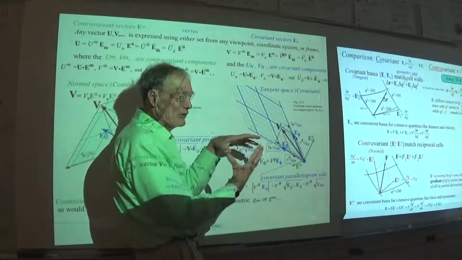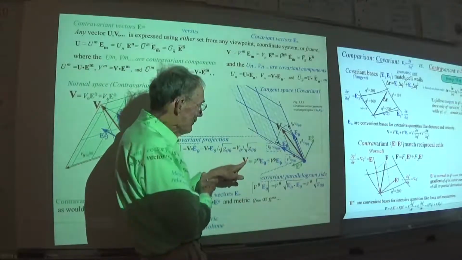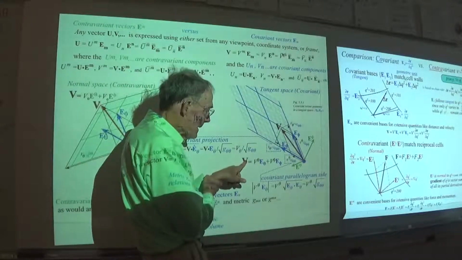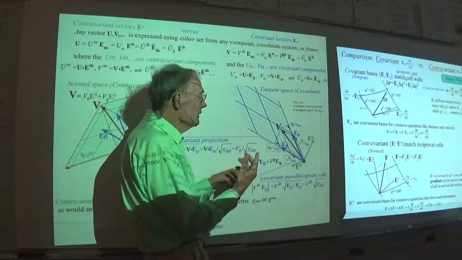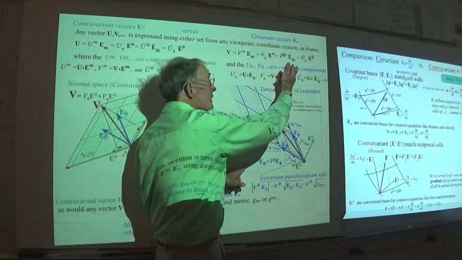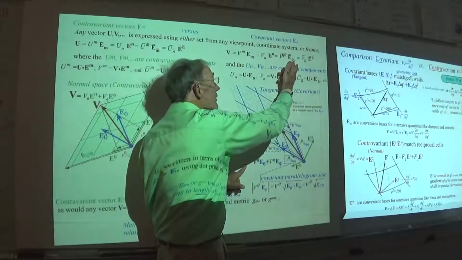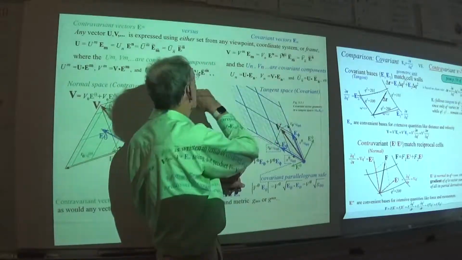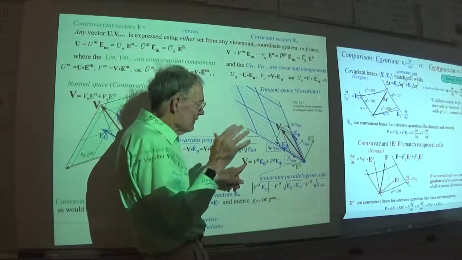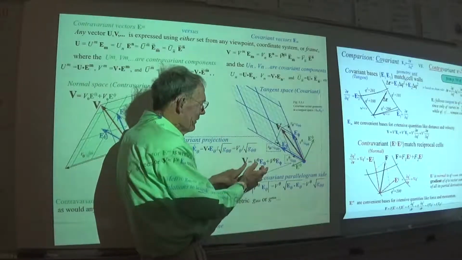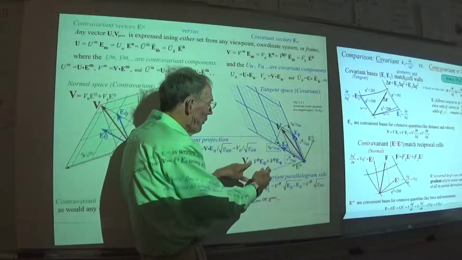So there's this physical thing there, this V, and what you want to do is express it some way using the E's or the E bars or the E supers, whatever happens to work. There's a lot of variety of choice here. But once you've done that, those are the numbers.